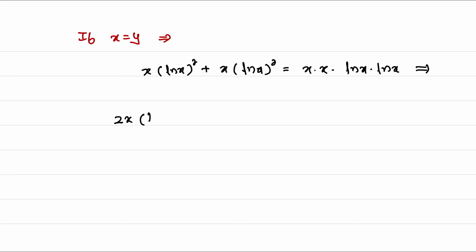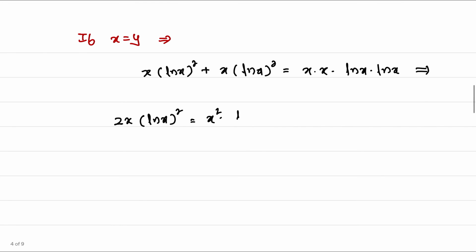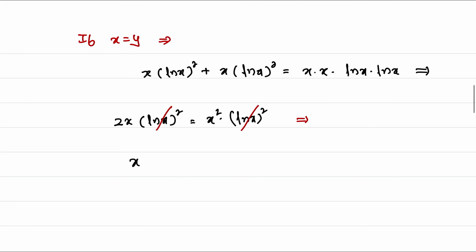2x into ln x whole square is equal to x square into ln x whole square. Let us cancel both sides ln x whole square, then it implies x square is equal to 2x. That implies x square minus 2x is equal to 0. That is x into x minus 2 is equal to 0.